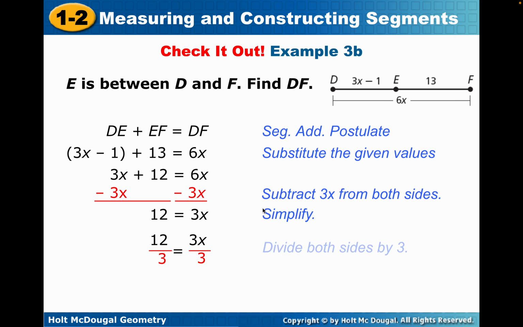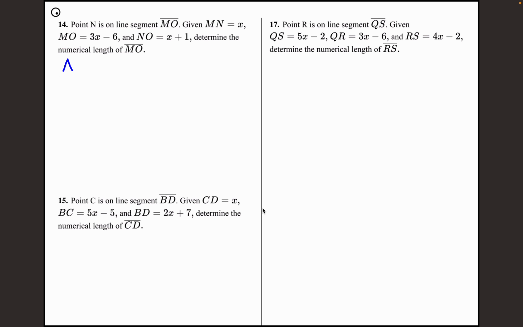Now we're going to move on to that next problem we were working on, number 14. It says point N is on line segment MO. Before I even read the rest, I'm going to draw that. I have line segment MO, and N is on line segment MO, so I'm going to put that right in the middle.